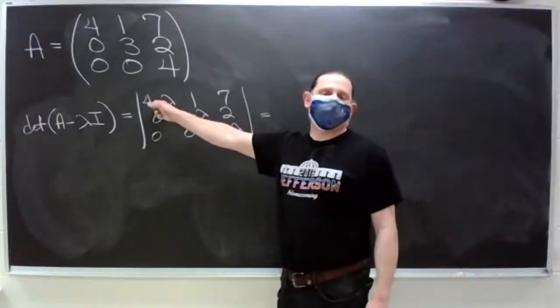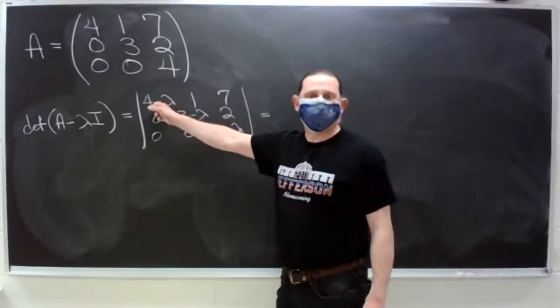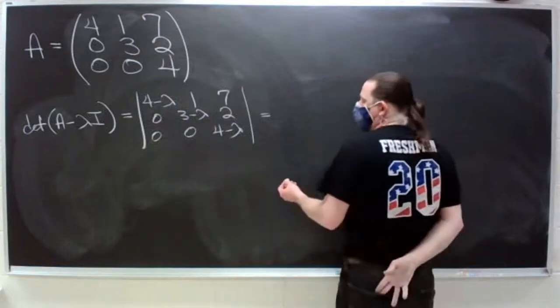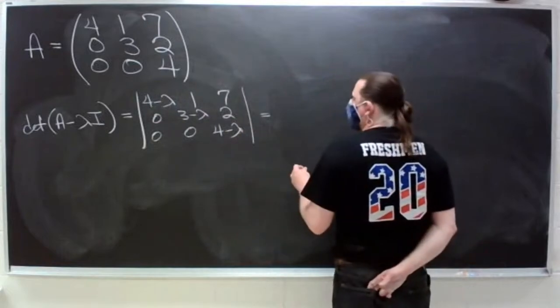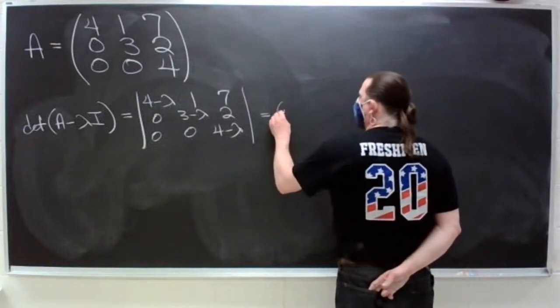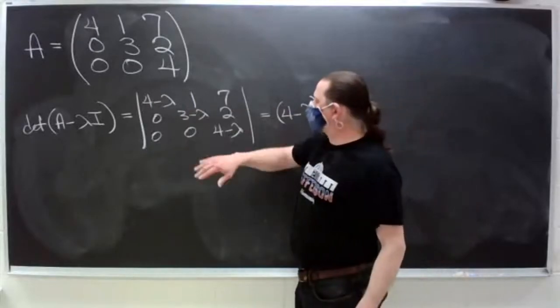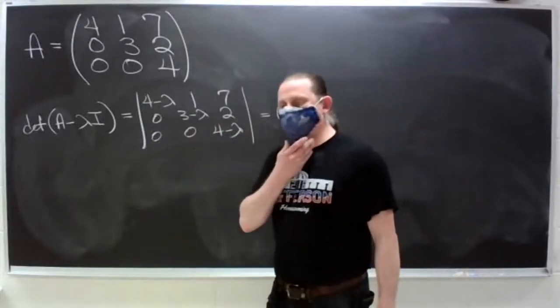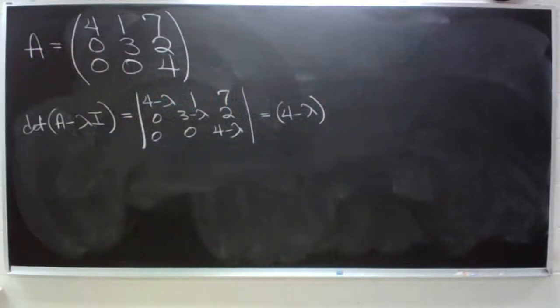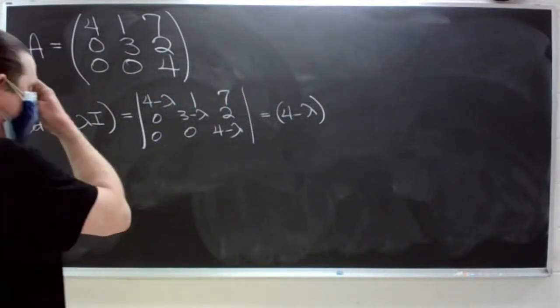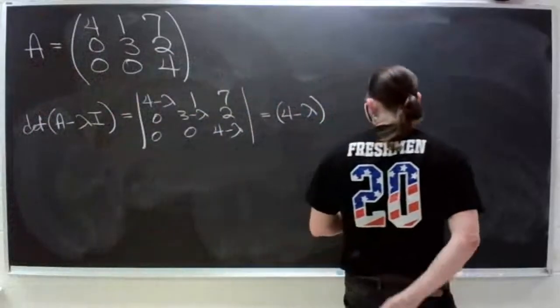The 4 minus lambda is the only element of its column. And therefore, I could do expansion by minors along the first column. The remaining matrix will be this one, that minor matrix. And that minor matrix has 3 minus lambda as the only element of its column.